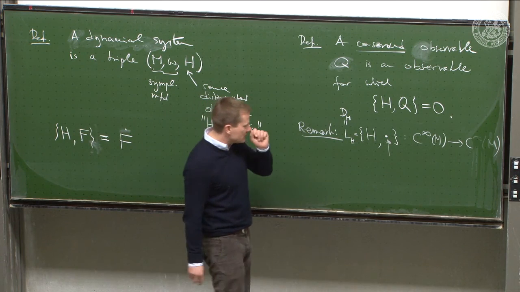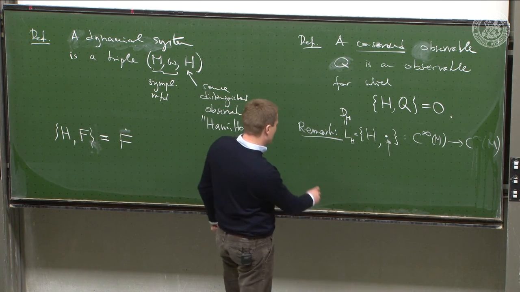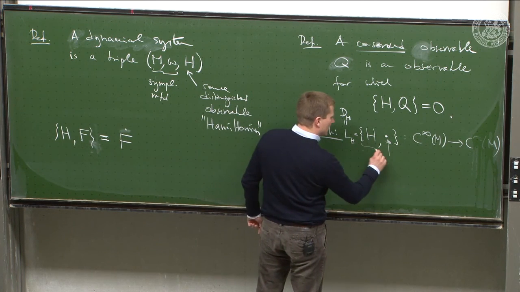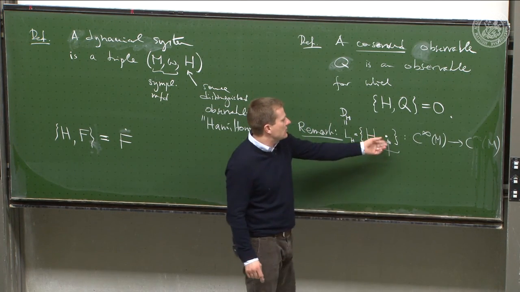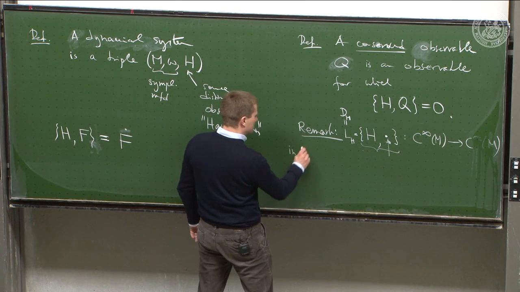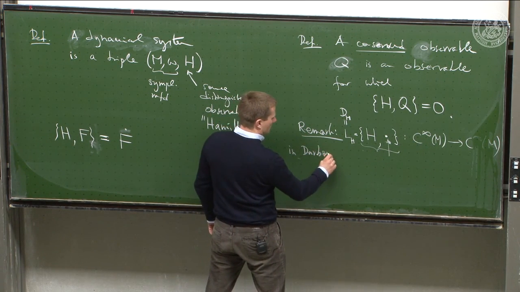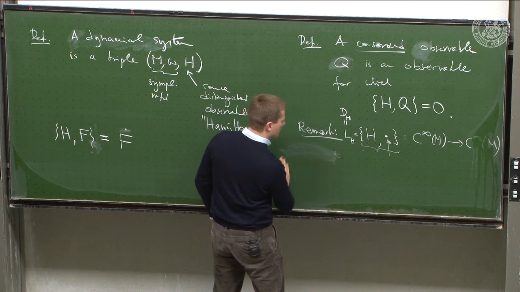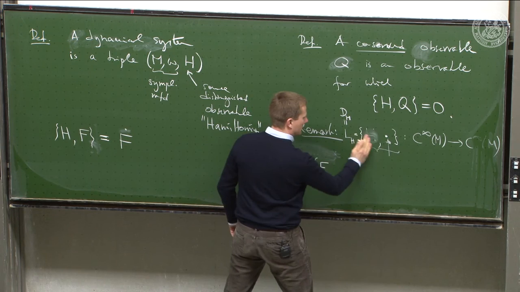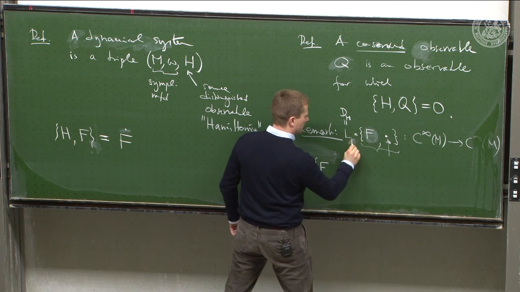Okay, but what I want, where I want your attention is that this object, you can plug something in, something comes out. What is it? Well, we don't need Darboux coordinates. I have any observable f, I'll write any observable f here.